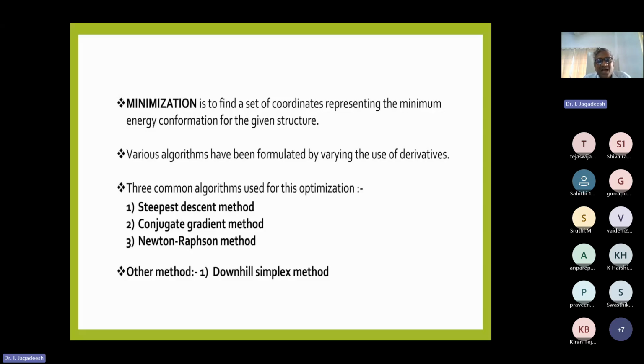There are three common algorithms used for this optimization and iteration process to find the low energy states. One is the steepest descent method. In the steepest descent method, we are gradually descending to the lowest one, which we are finding. In our optimization also, we use the steepest ascent and steepest descent methods.